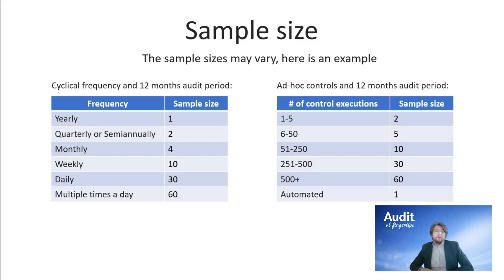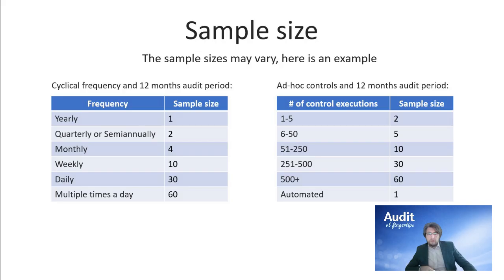They may work very stably and demonstrate sustainability over years, sometimes decades, right? In that case, it might not be practical to test too much. Sometimes you may operate in a changing environment, especially nowadays when new technologies, like AI and machine learning, may be implemented pretty much everywhere. And when you deal with situations like that, when there is no history of sustainable control execution, you may think about increasing the sample sizes.